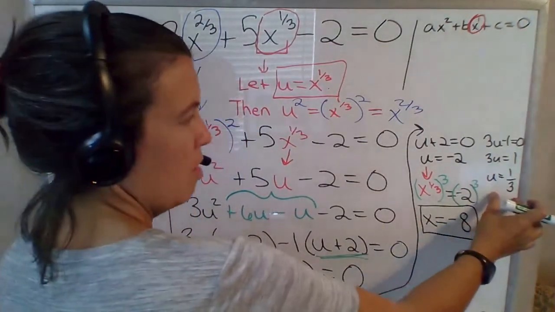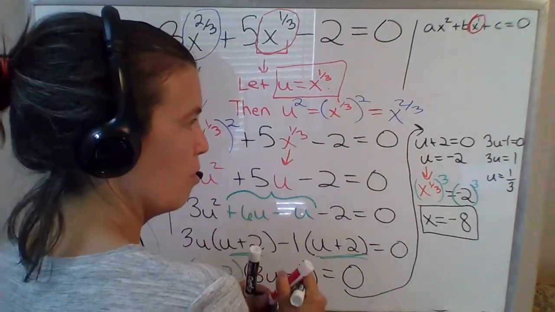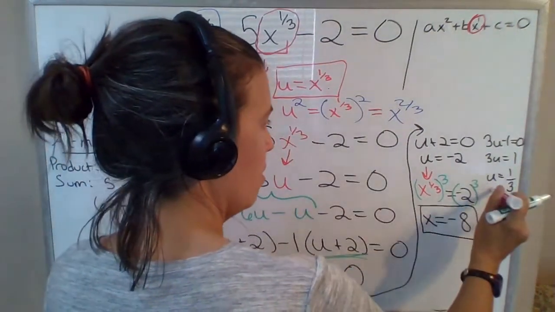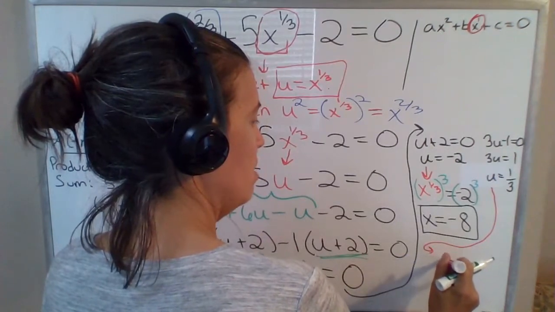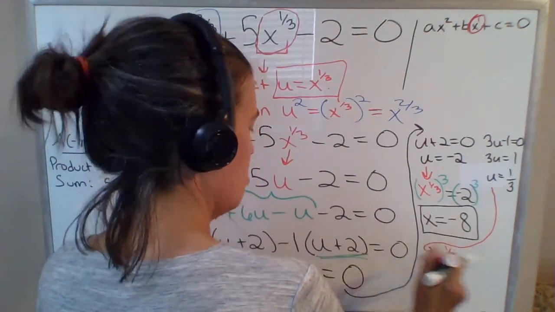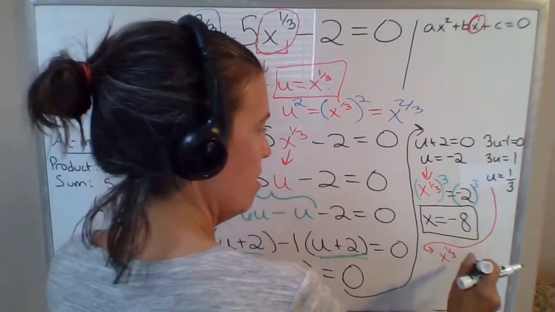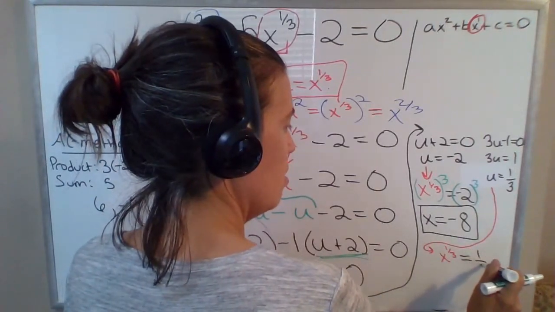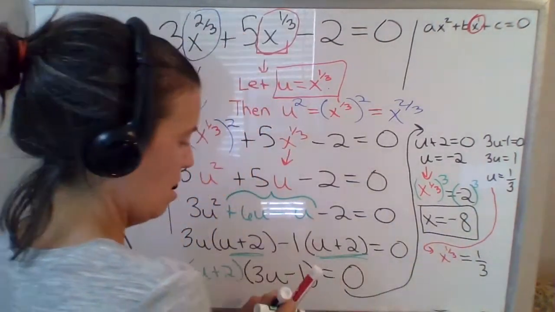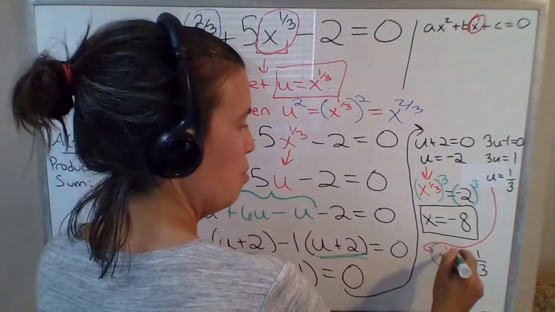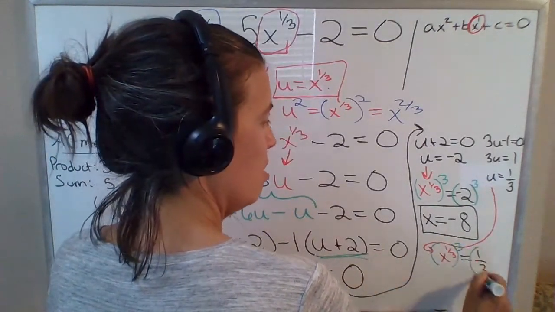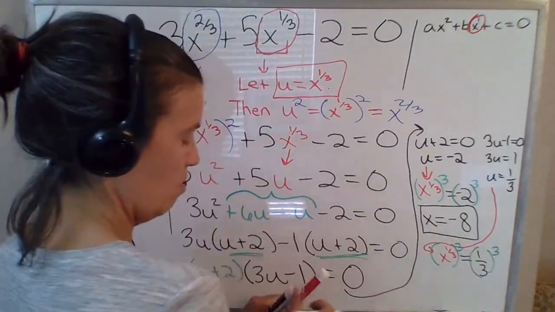Now I need to do that with this other one, u equals 1/3. So same story there. U is a stand-in for x to the 1/3. If it's equal to 1/3, I need to raise both sides to the 3rd power in order to get x to the 1st.